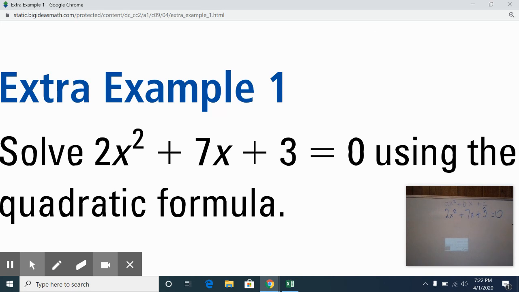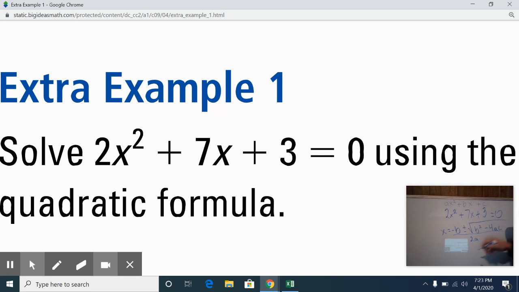All right, so my formula says x equals negative b plus minus the square root of b squared minus 4ac. This is all going to be divided by 2a. All right, so let's replace these variables with the correct numbers.